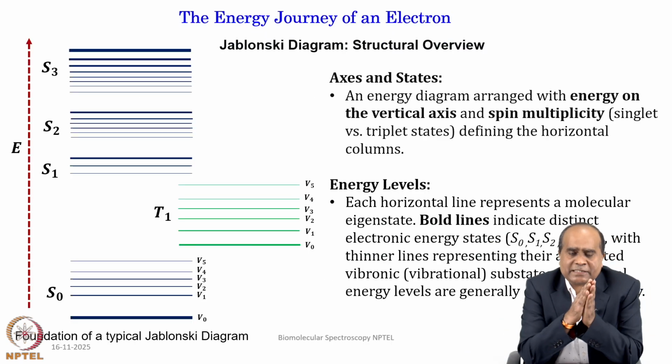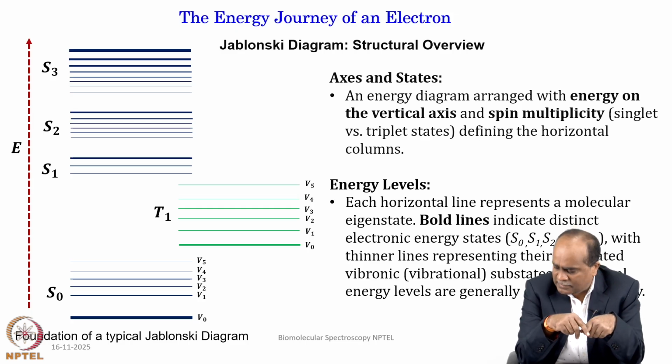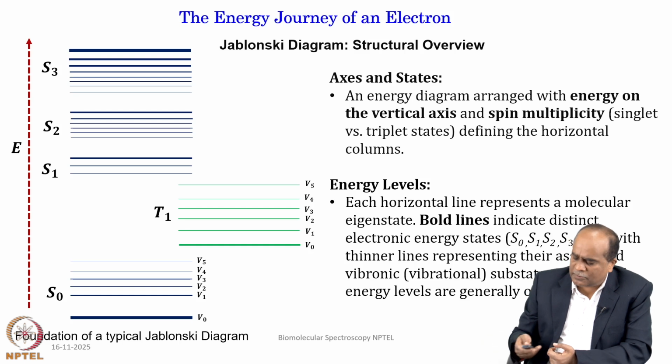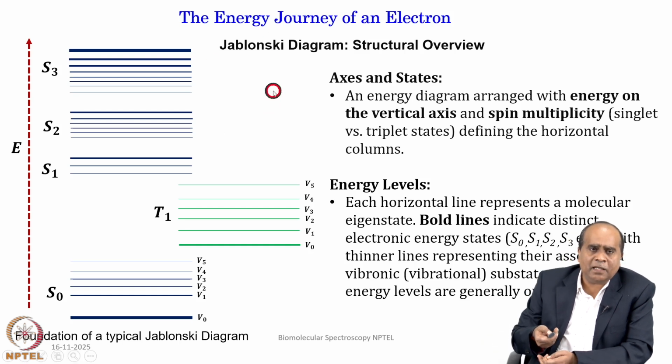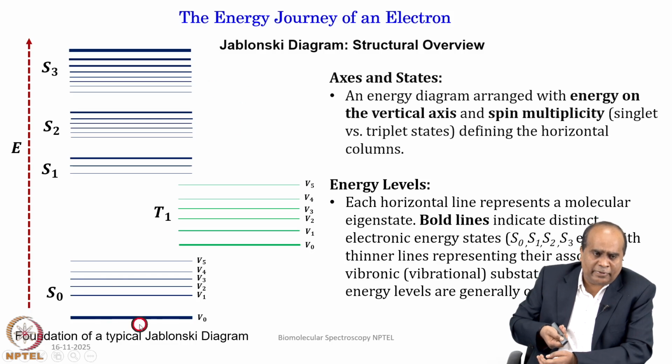To understand this energy level distribution and how all these phenomena happen, there is an energy level diagram that has been given, and that diagram is called the Jablonski diagram. The Jablonski diagram is nothing but a simple representation of the energy levels of different electronic states, vibrational states, rotational states, and so on.